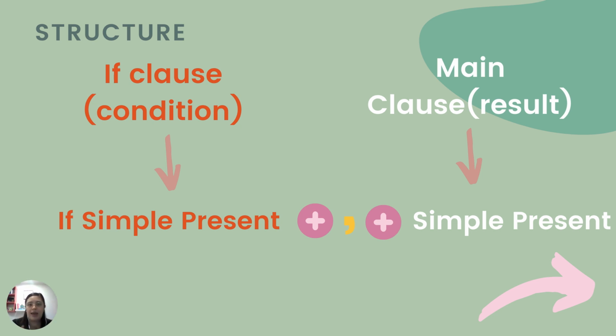Follow the arrows and see that for the if clause, we are going to use if and the simple present. Then we also need a comma. And finally, we have a result that is again in the simple present. So remember, for both parts, you need simple present.